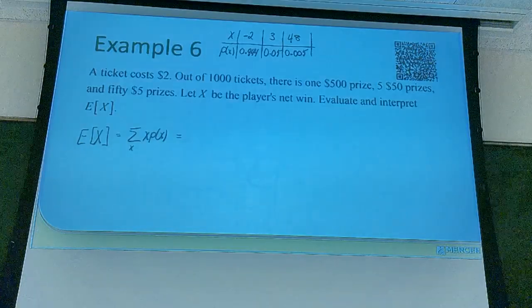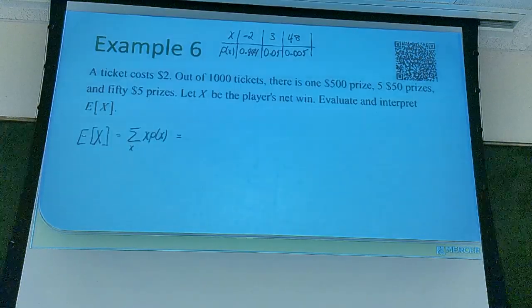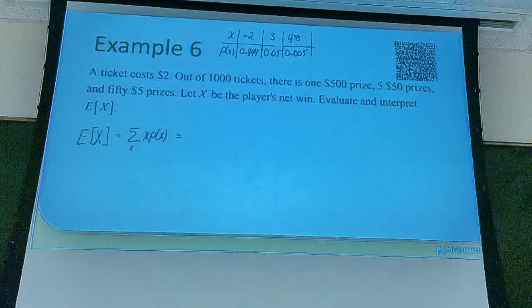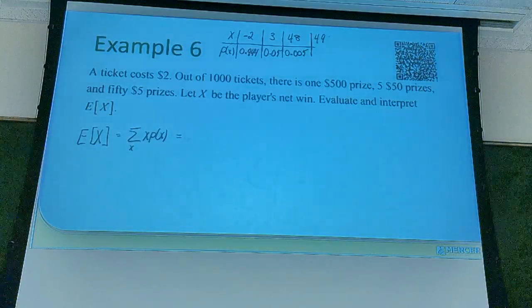And what is the final value X can take on? 500. That's the winning. What's the net? 498. With what probability?